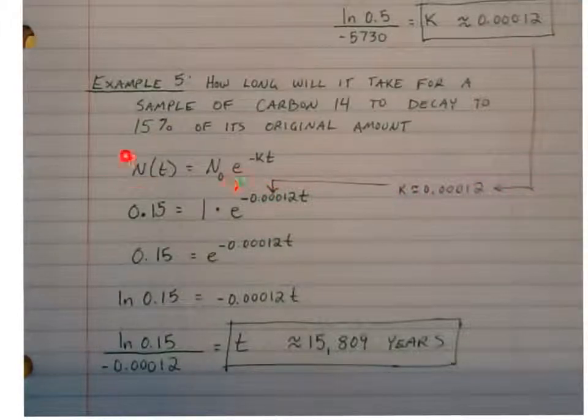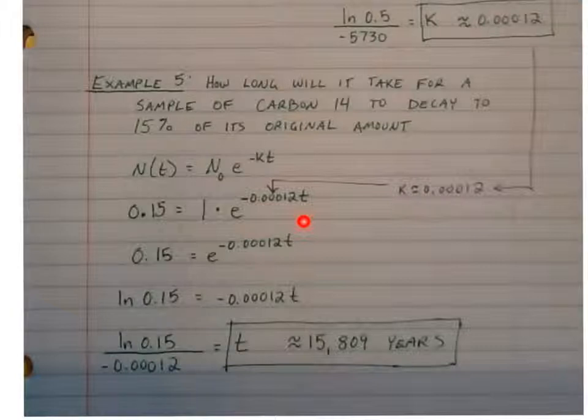So what we have here is a decay constant gets plugged in. We are starting with 1 gram, and we want to know when 15% of it is left. So how much time has passed to arrive at 15%? And from there, the calculation is very similar to what we did last time.